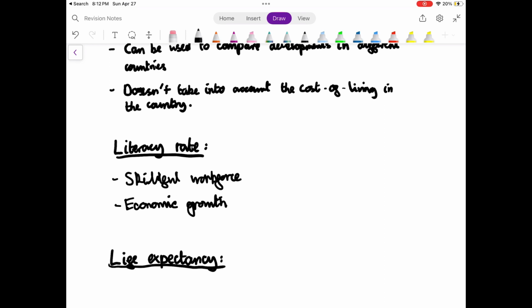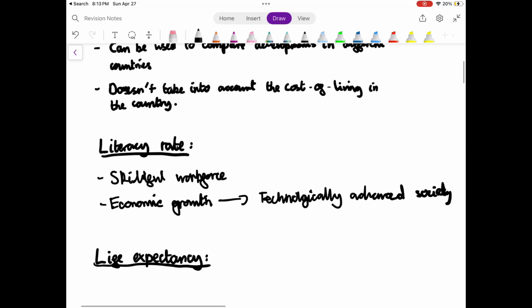And it also suggests a technologically advanced society. This is because when there's economic growth, there will be more demand for technological resources like computers, laptops, devices, etc. And therefore the country will be more technologically advanced.